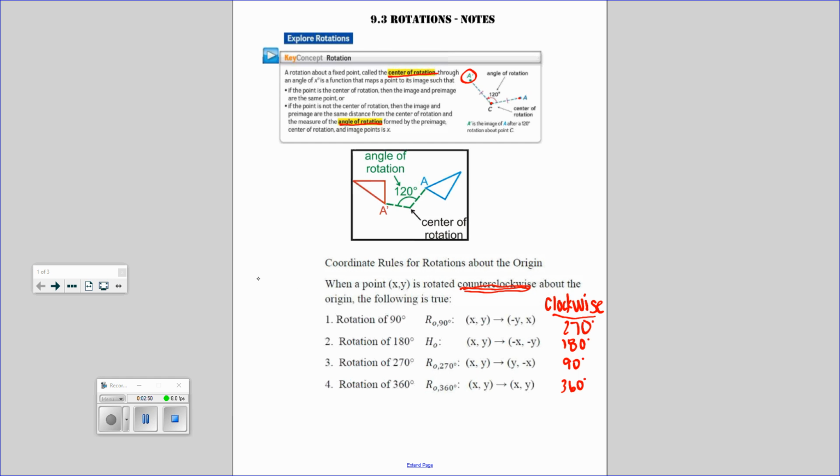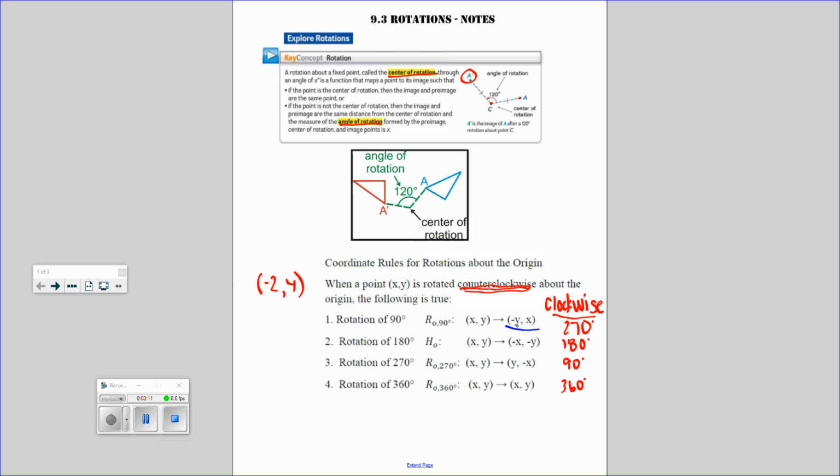I'm going to start with a point, let's say it's -2, 4. And we're going to go through practicing what that point would look like through different rotations. Looking at our 90 degrees counterclockwise, or 270 clockwise, here's our change.